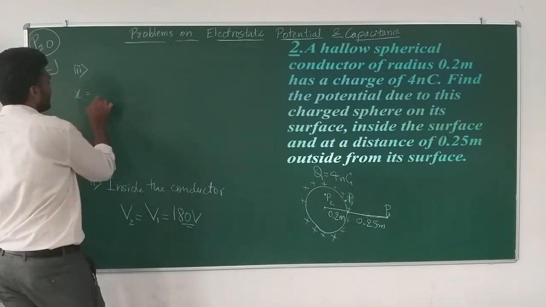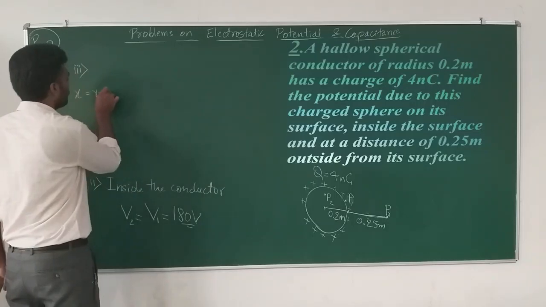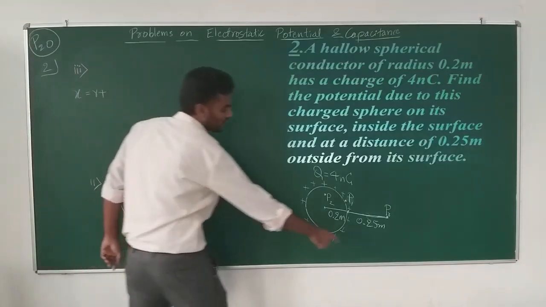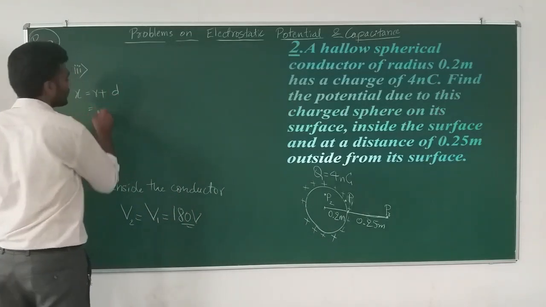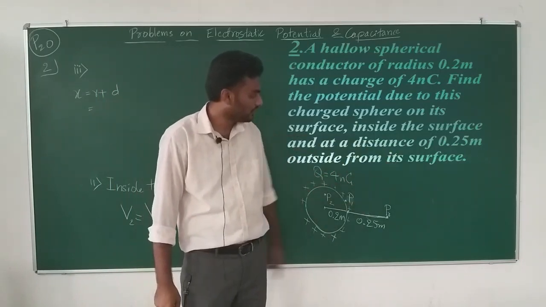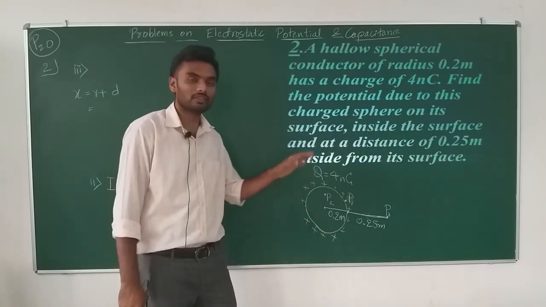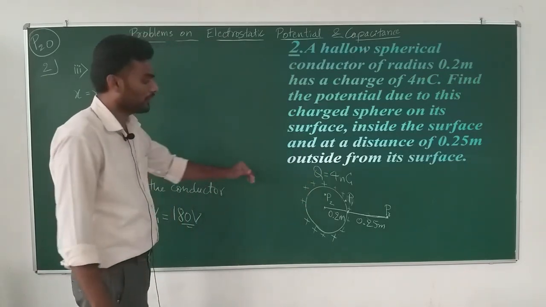Okay, and that x is now equal to r, which is the radius given, plus let me call this distance small d, okay, r plus d, because it is from the surface. If they had specified it from its center instead of the surface, then I could have directly put r equal to 0.25.